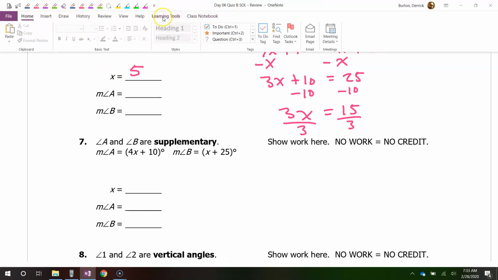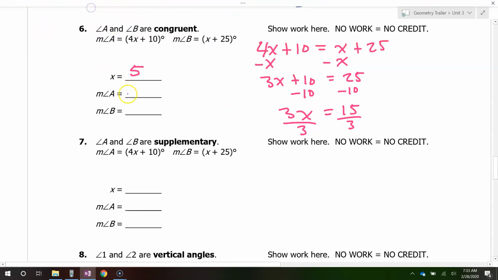So now I want to find the measure of angle A, so I need to plug in. A is 4x plus 10, so that's going to be 4 times 5 plus 10. 4 times 5 is 20. 20 plus 10 is 30.